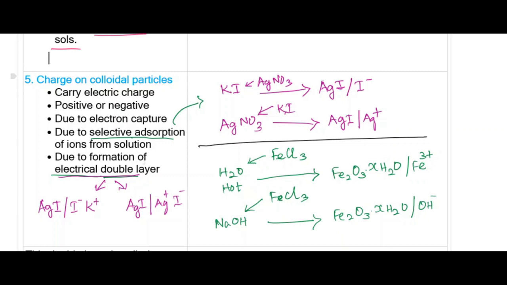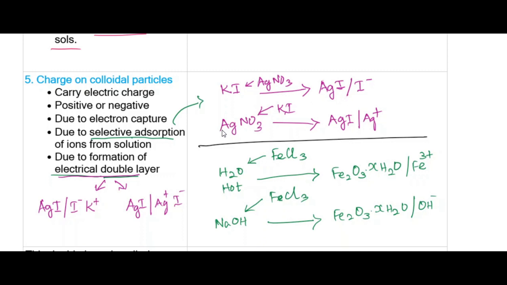The selective adsorption means, let me take potassium iodide solution. When we add silver nitrate to excess potassium iodide solution, what happens? Silver iodide forms. Along with that, the iodide anions are adsorbed over this silver iodide, and thereby it forms a negatively charged colloidal particle. Do you understand this?